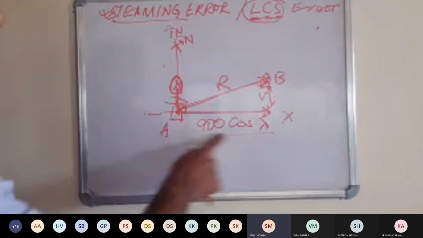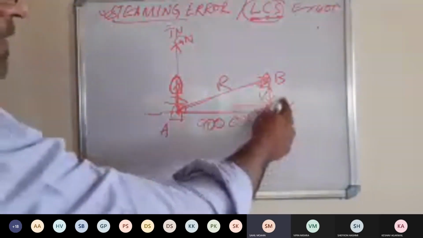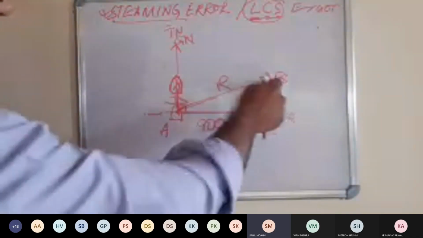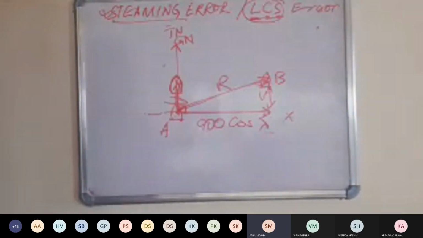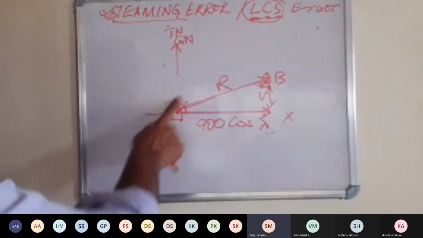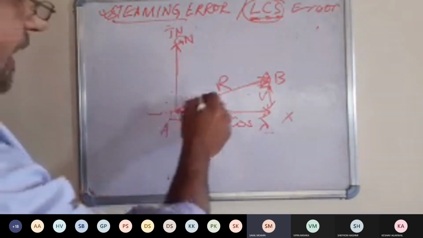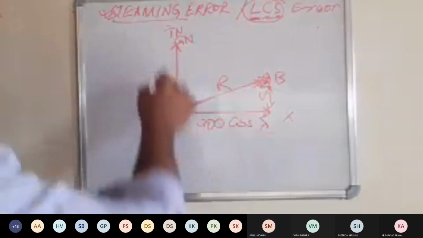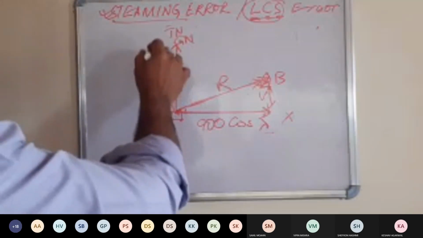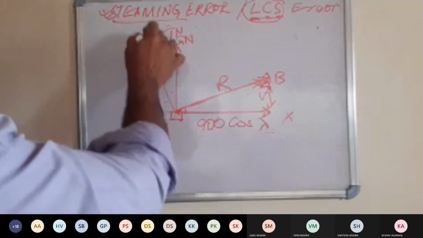Yes, sir. This is the peripheral speed, this is the speed of the ship, then this is the resultant, A to B. Then in that case, the gyro compass will think that I am moving in this direction, so it will settle down perpendicular to this.